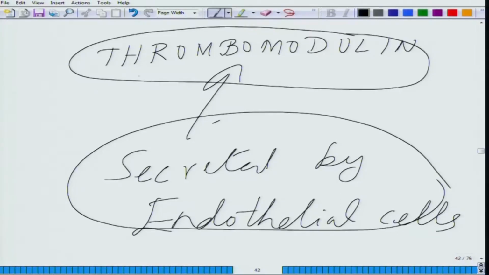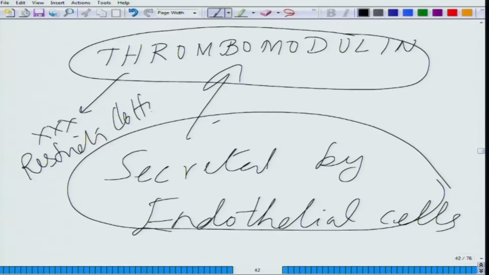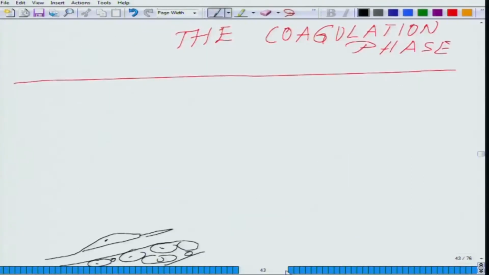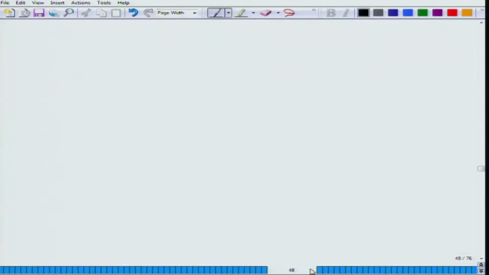It has to stop. So, they restrict clotting, that is their role. These are the ones which are involved in restricting the clotting process.